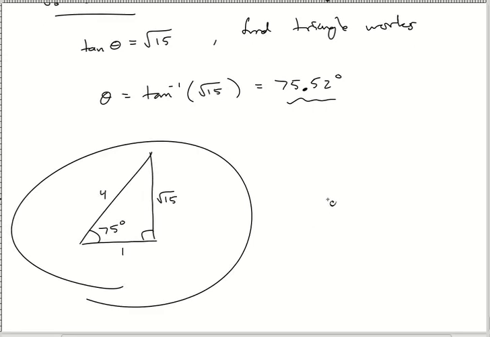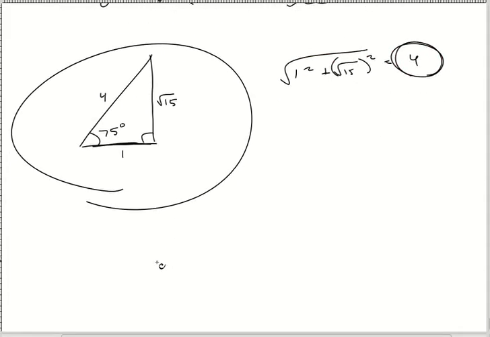They gave me the 1, and I needed to find the 4, and I have the square root of 15. So how would I find the 4? I'd say 1 squared plus the square root of 15 squared. That's 15 plus 1 is 16, and then I square root it, and I got a 4. I can't remember everything about it, but that's what I have on my paper.